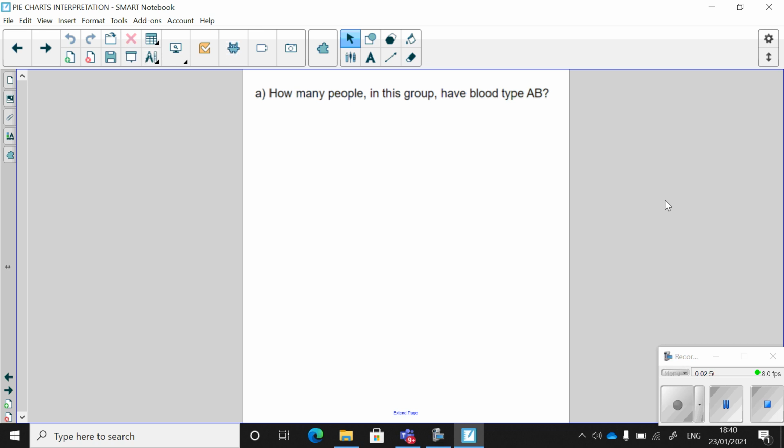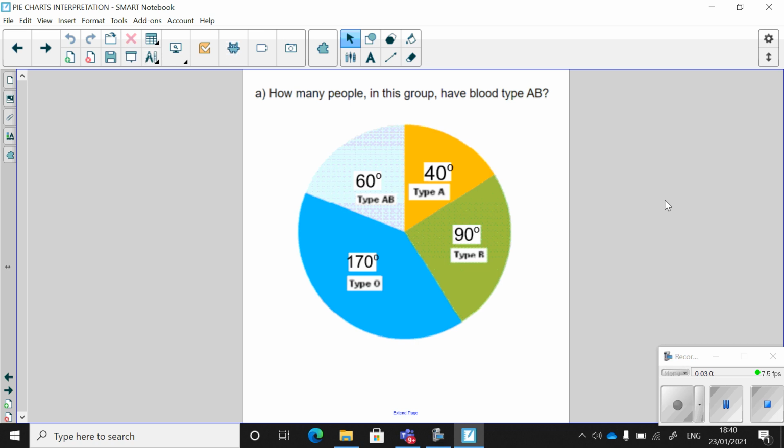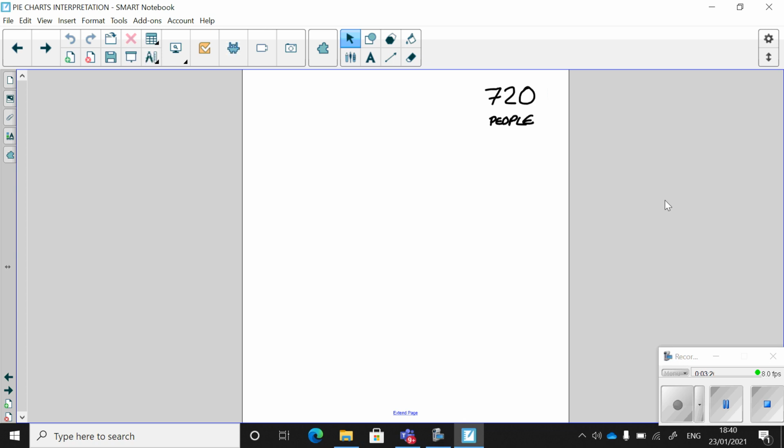How many have blood type AB? Right, so we need to go back to the pie chart and locate the AB sector or pie slice. Okay, so it's there. Get the angle related to that, 60 degrees. And we know the full angle is 360 degrees. So we're going to get a fraction. That 60 degrees is going to give us a fraction of the full circle, the full amount of the 720 people. Right, so there you go.